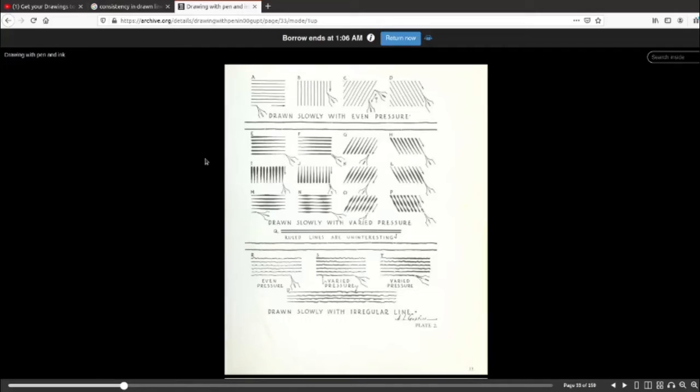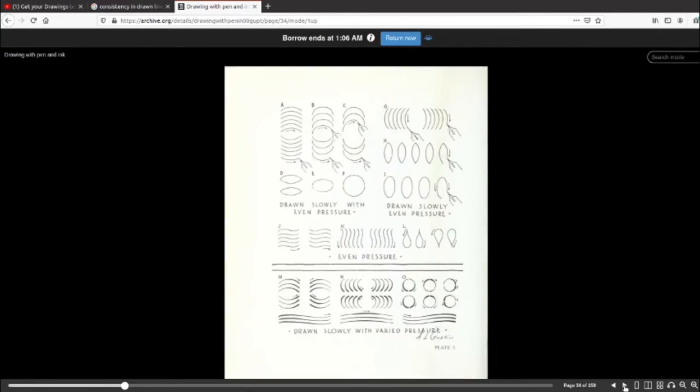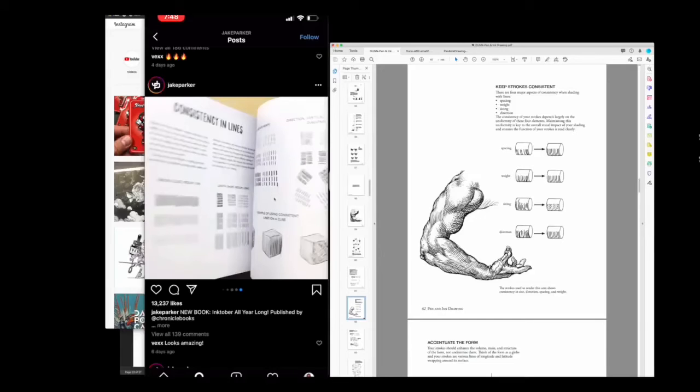I found these two pages in a book called Rendering in Ink by Arthur Guptill, from the 1976 edition, available in the Internet Archive. It deals with some of the concepts, but it deals with them separately and doesn't package it as the aspects of a line. So it's not quite as in depth as Dunn's approach.